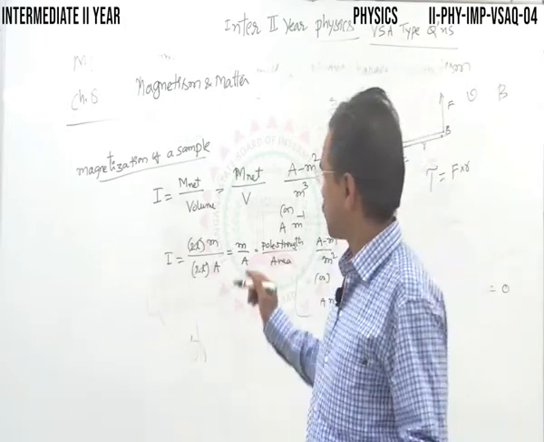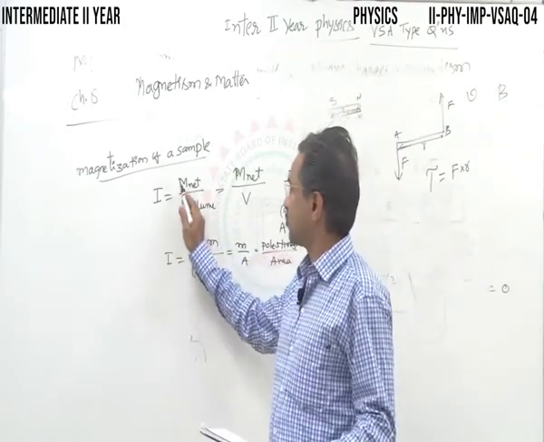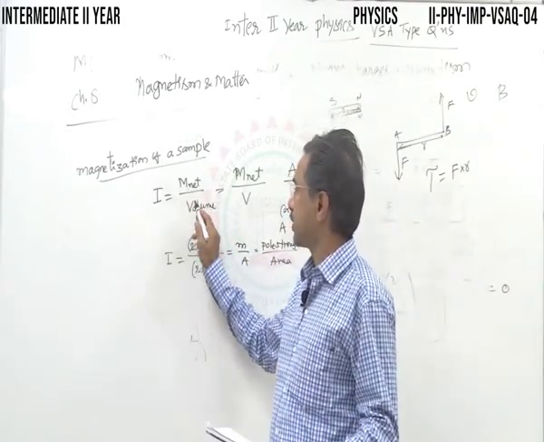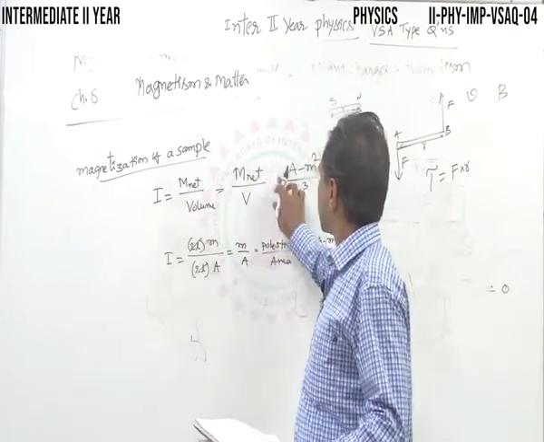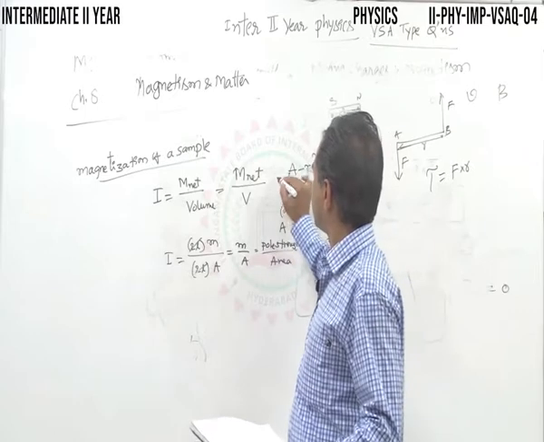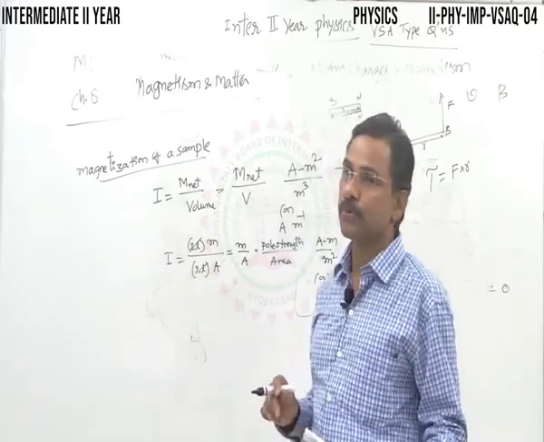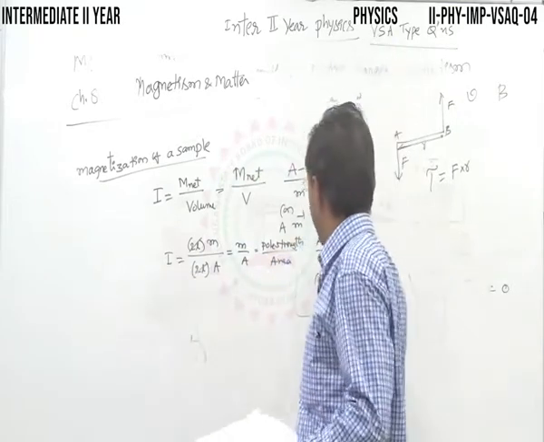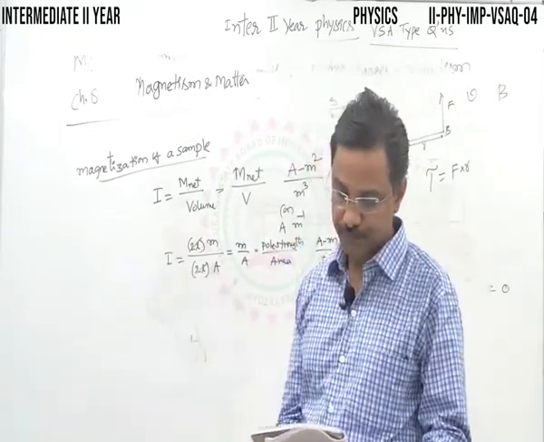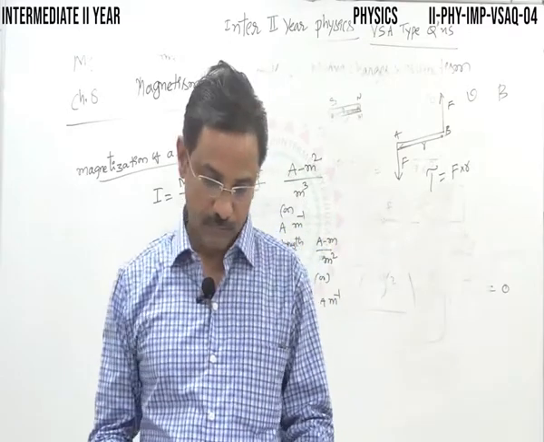Write it mathematically: I equals M net divided by volume. The units are ampere meter square by cubic meter; meter square gets cancelled. Finally, we have ampere meter inverse. Hope you have written that.